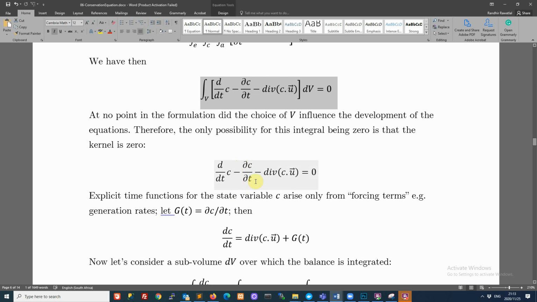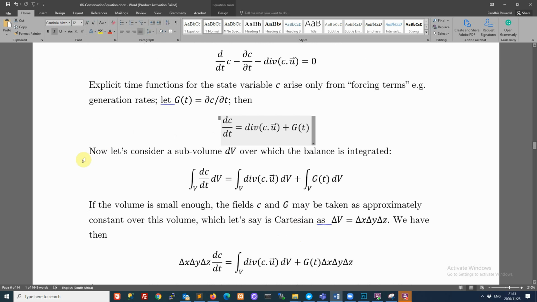So we understand this as a kind of forcing term. So it's a kind of generation term. So we will replace this dc dt as g of t, understanding it as a kind of generation. So we can say then that dc dt equals the divergence of c dot u plus the generation rate. So this is now our equation.